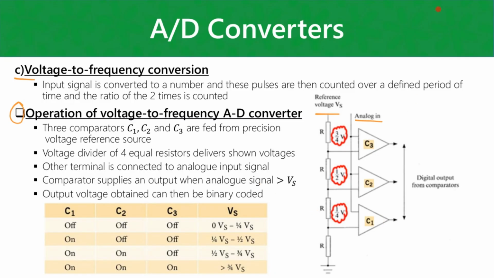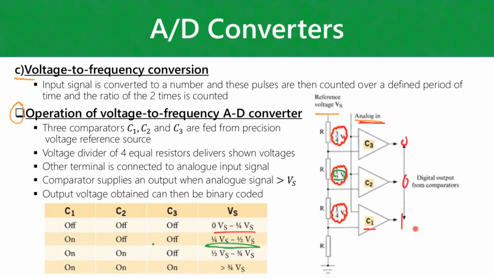Now, if your input voltage, your analog in here, is between 0.25 of your reference voltage, you're going to have this comparator here outputting a 1, and the other two outputting 0. And if your input is between 1/4 of your reference and half of your reference, that's going to activate comparator 2.